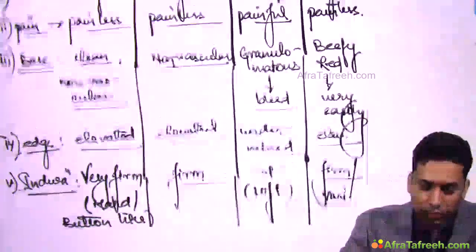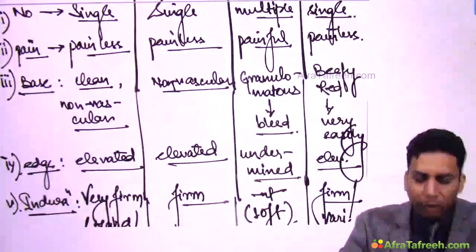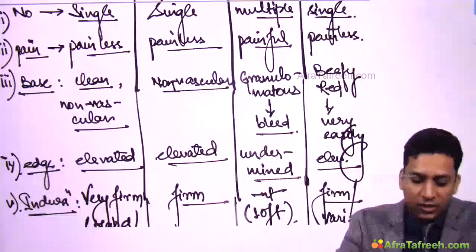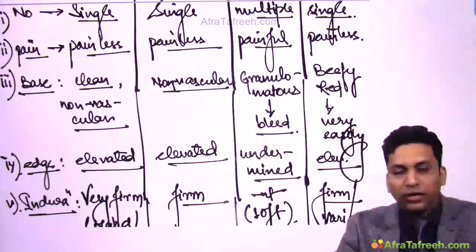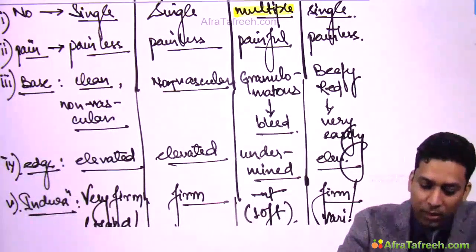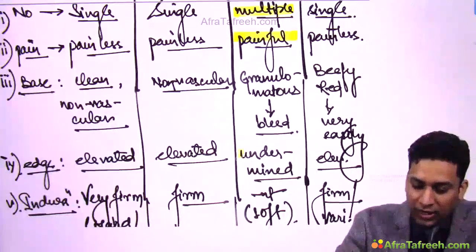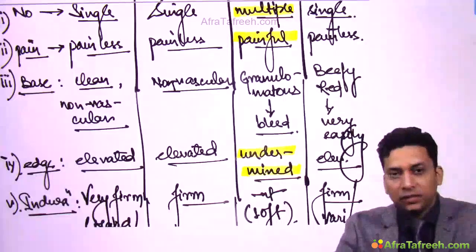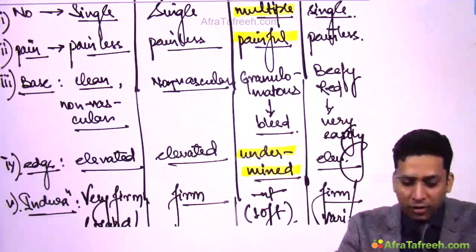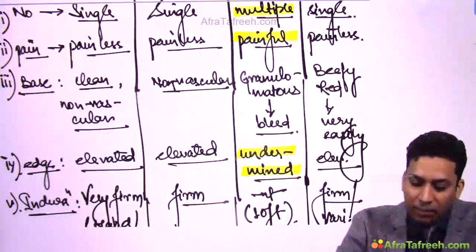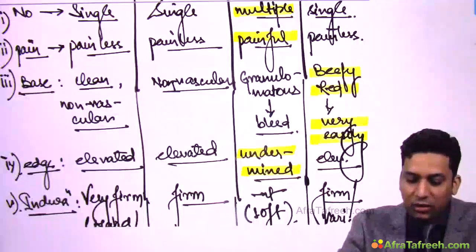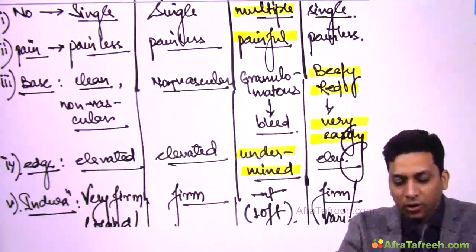So these are a few features of the genital ulcers in these different conditions, and some of them are very important. Like if it is written multiple painful genital ulcers with undermined edges, this is very characteristic of chancroid. Similarly, if it is written that a painless beefy red base which bleeds very easily on touch, then probably the examiner is talking about donovanosis.